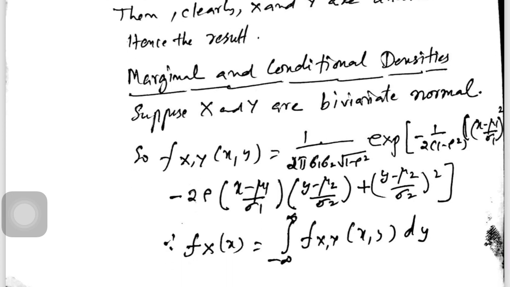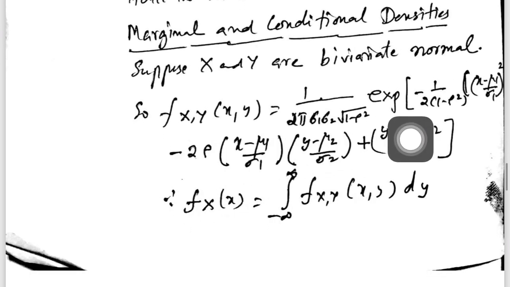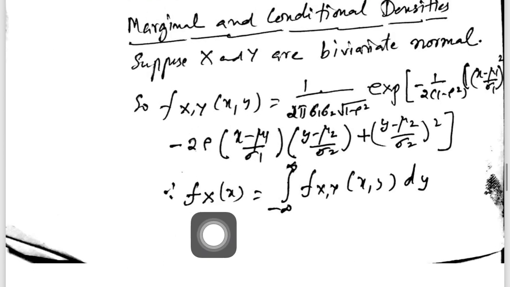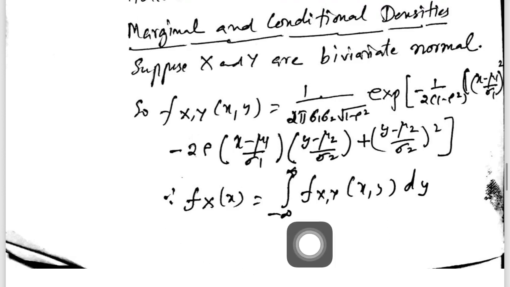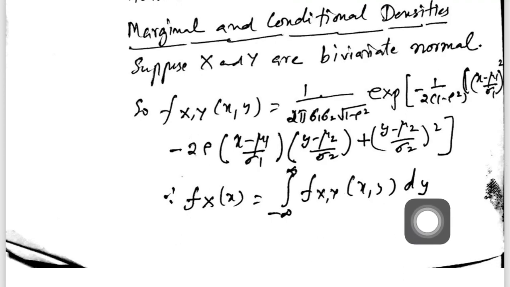For the proof, suppose x and y are bivariate normal with this density. How would you find the marginal distribution of x? You can write the marginal density of x by integrating fxy with respect to y.